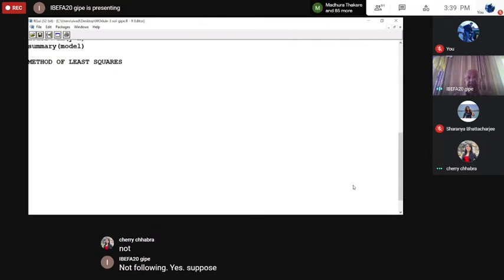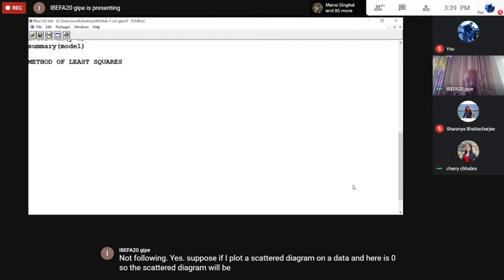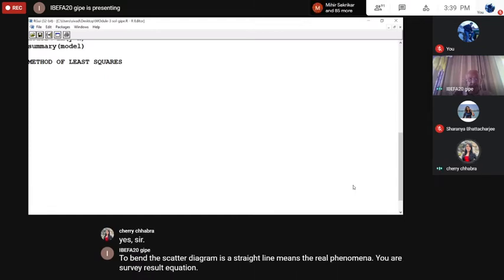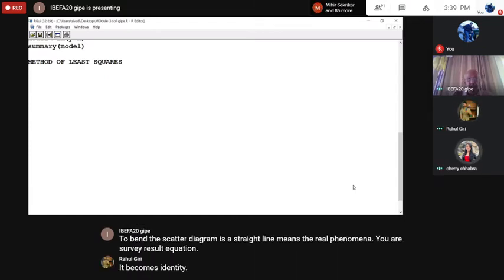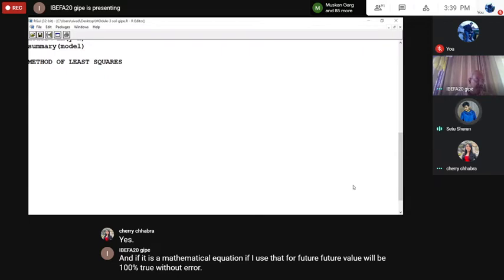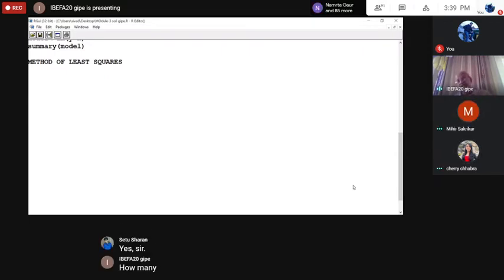Suppose I plot a scatter diagram on a data and the error is 0. So the scatter diagram will be a straight line. So when the scatter diagram is a straight line, the real phenomenon, your survey result, becomes a mathematical equation. It becomes an identity, isn't it? And if it is a mathematical equation, if I use that for future values, it will be 100% true without error. How many of you follow? But it's hypothetical.